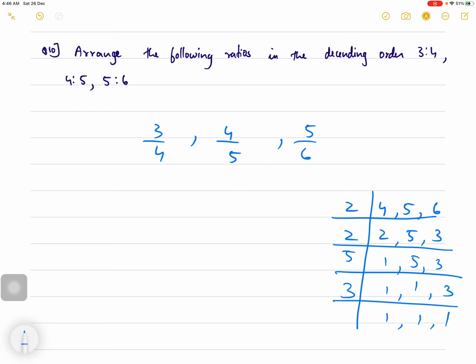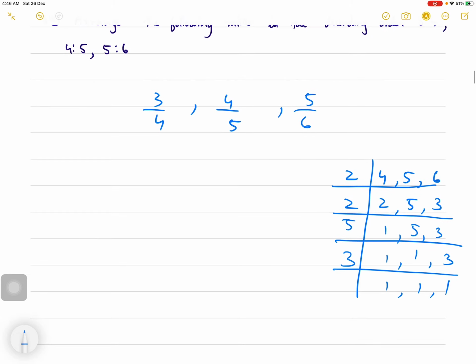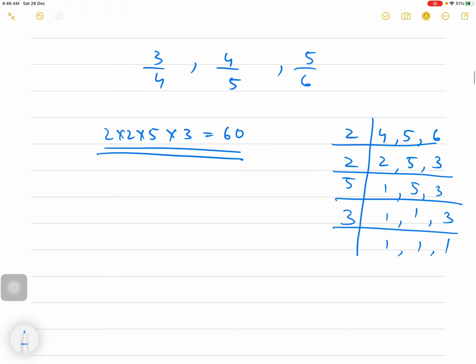So 2 into 2 into 5 into 3 is 15 into 4, that is 60. So LCM is 60, right? Okay, so let us make the denominator 60, because the LCM is 60.